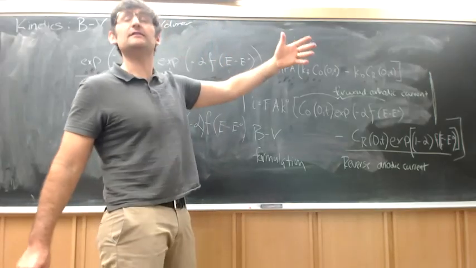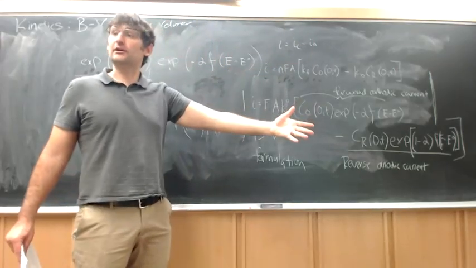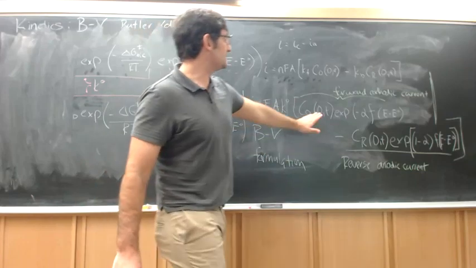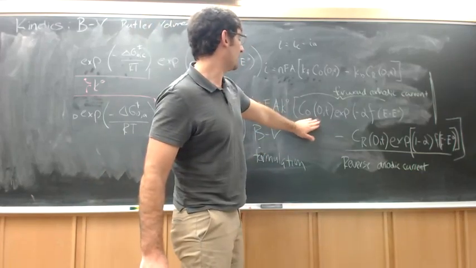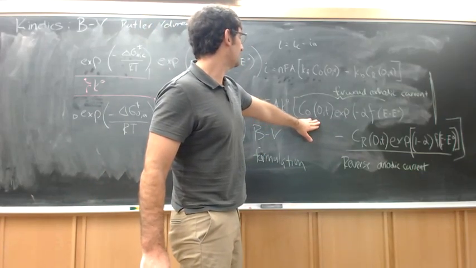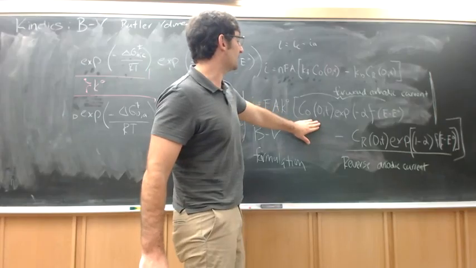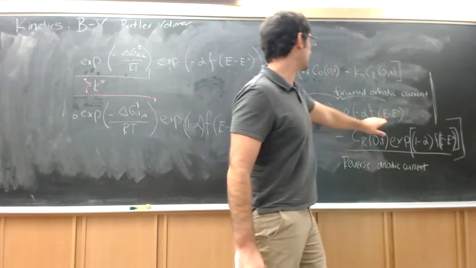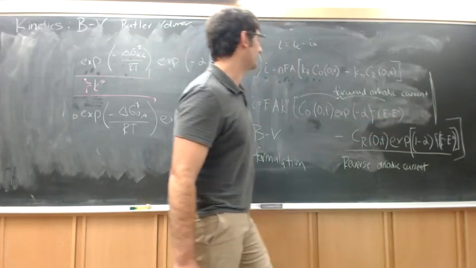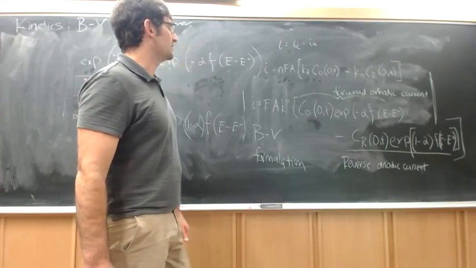If E is more positive than E naught, you should drive a net anodic current. So this needs to go to 0. This rate should go to 0 as we make this very positive. So is that what happens?